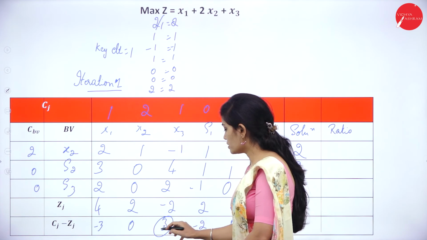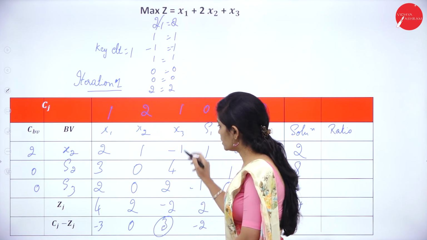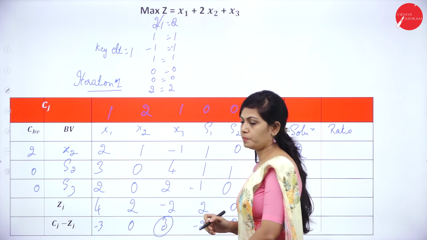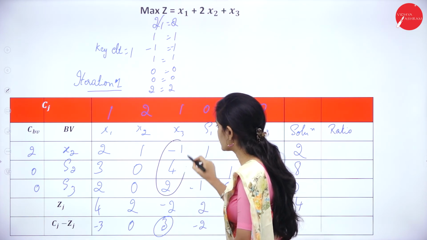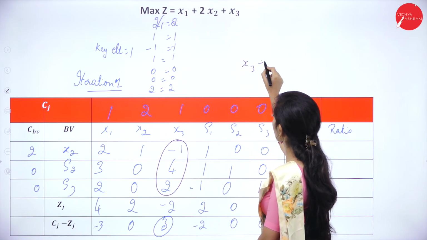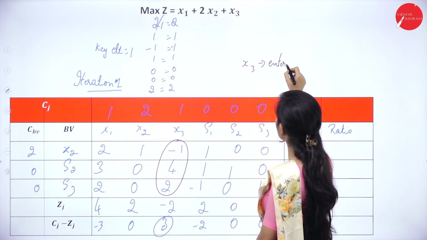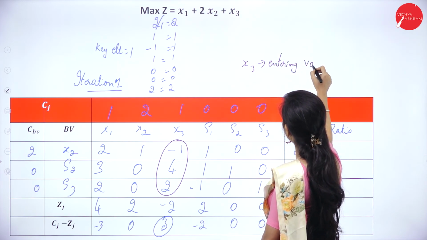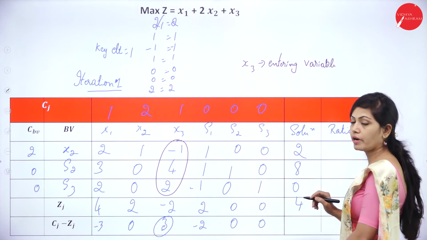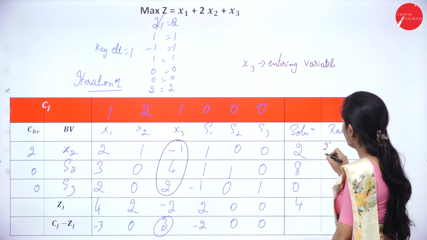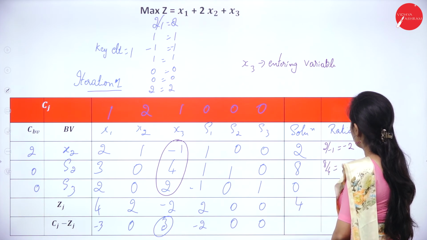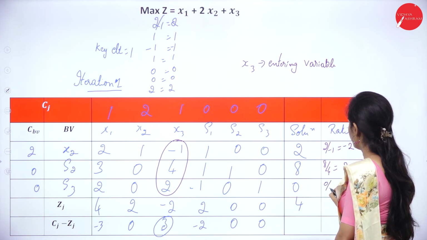So the maximum value is plus 3. So it comes under the x3 column. So this is my key column for iteration 2. So key column is x3. So x3 is my entering variable. Now find the ratio value. 2 by minus 1, it is minus 2. 8 by 4, 2. 0 by 2, it is 0.